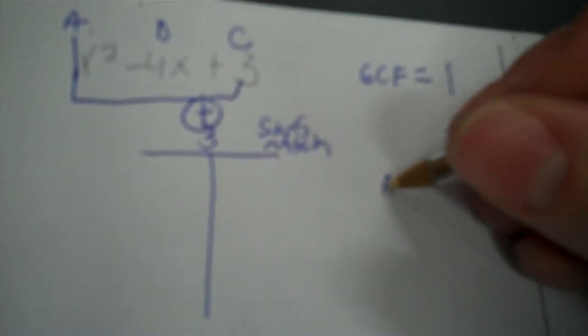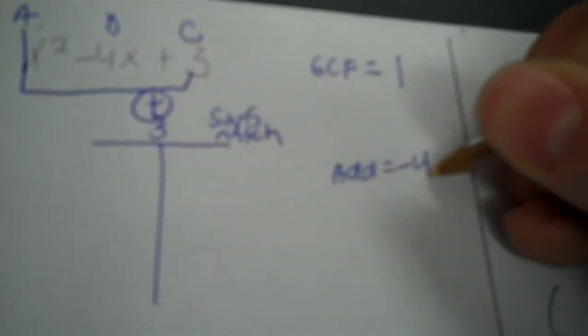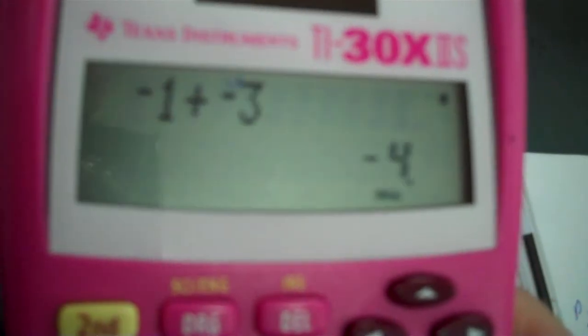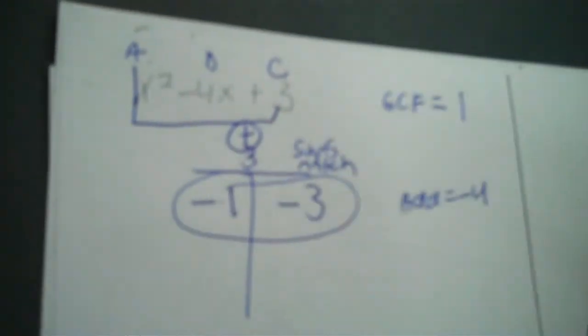A times C, that's 3, it's positive, so again the signs match, or you can just write match. And since they have to add to negative 4, they would match as negative, negative. Okay? We don't have to go very far on this. 3 divided by 1 is 3. Negative 1 plus negative 3 is negative 4. Exactly. So minus 1 minus 3, we have it right there.